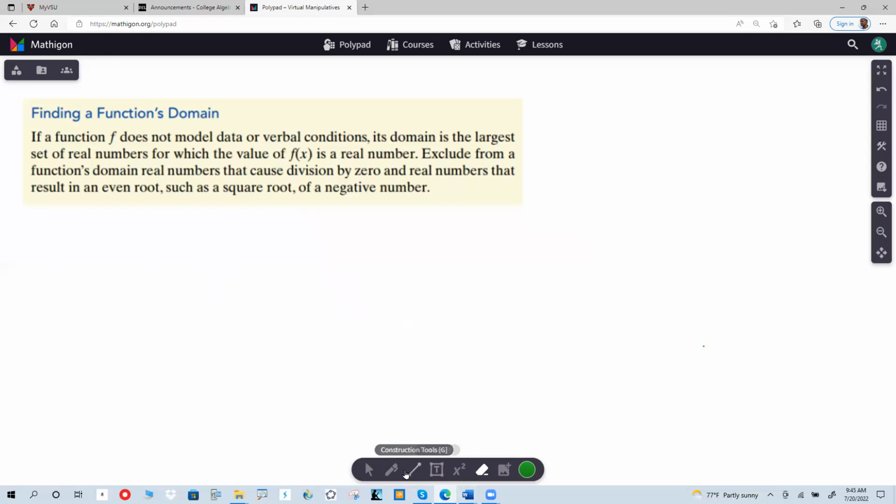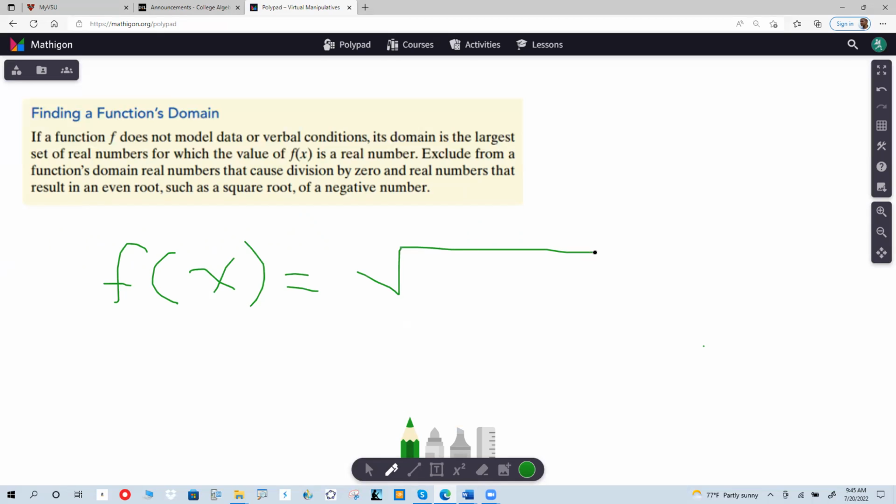Okay, one thing, if I give you something like this, the square root of x minus 2. Now inside the radical sign, you cannot have a negative. It doesn't make sense. Those numbers are imaginary numbers. Okay, we are only talking about real numbers.